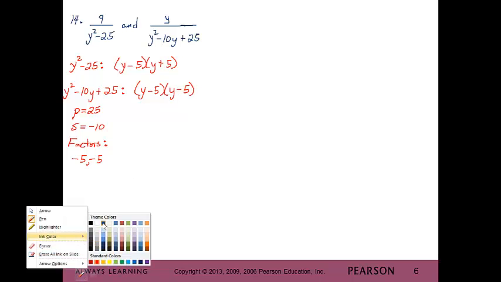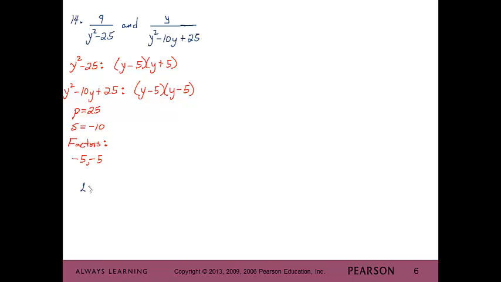So then the LCD is going to be the factors of the first denominator. So our y minus 5 times the y plus 5. And then we're going to add to this list any factors of the second denominator not already in the list. So y minus 5 is already in the list, so we're not going to write it. However, the second y minus 5 is not in the list.